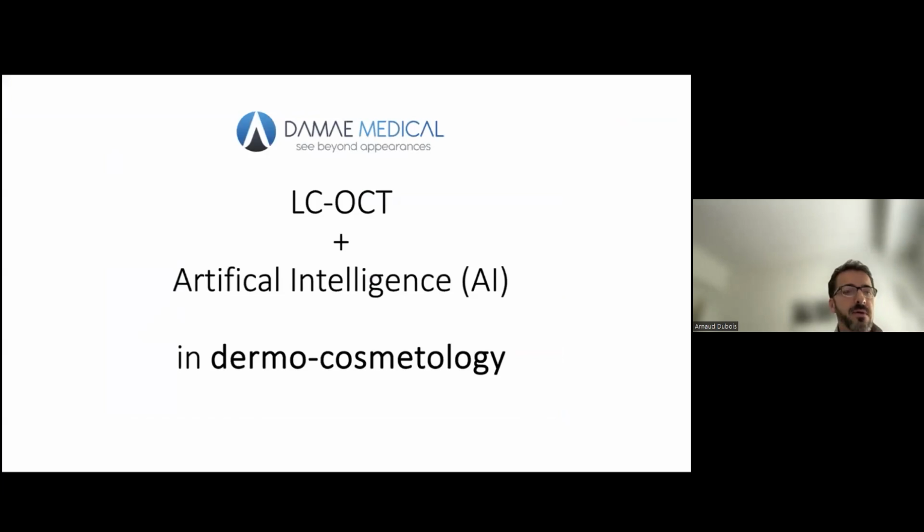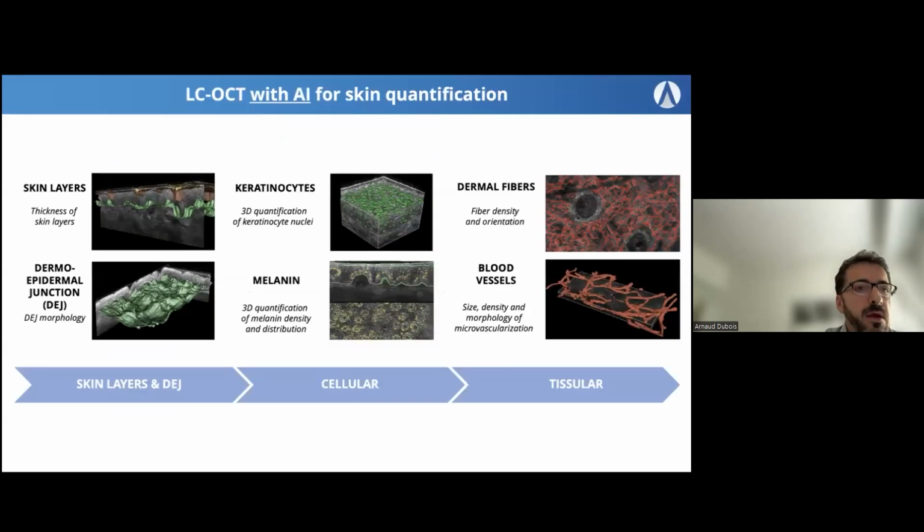Okay, now I'm going to talk about LC-OCT combined with artificial intelligence for application in dermocosmetology. LC-OCT with artificial intelligence can be used for the quantification of skin at different levels. It can be used for the measurement of skin layer thickness and to study the morphology of the dermal-epidermal junction.